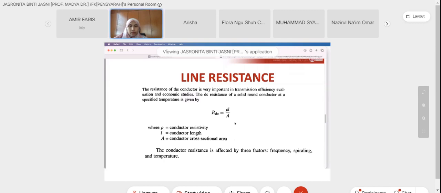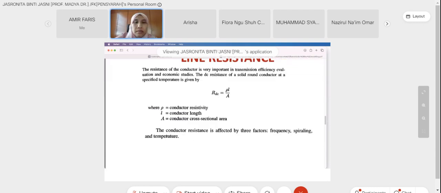Yes. Conductor resistivity. Okay, remember this, the conductor resistance is affected by three factors: frequency, spiraling, and the temperature. Okay, understand?